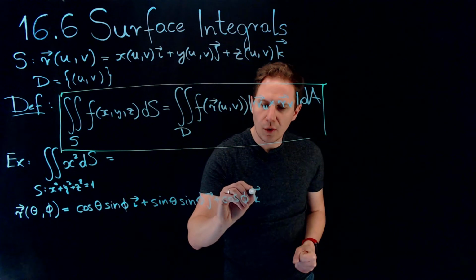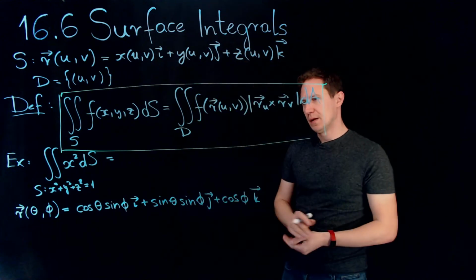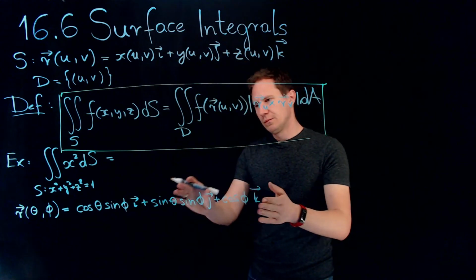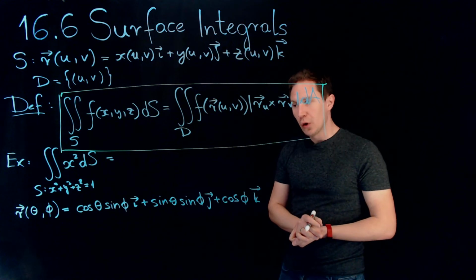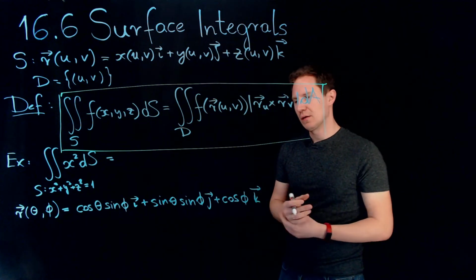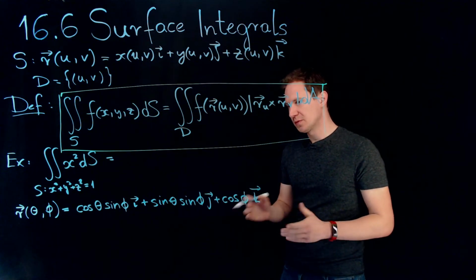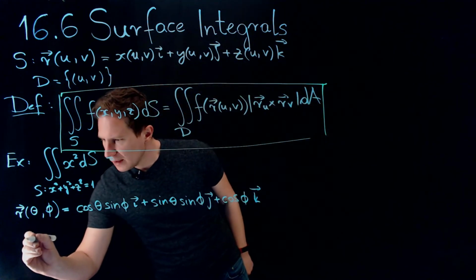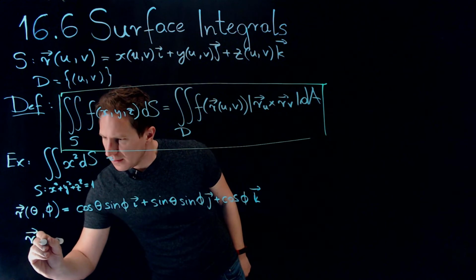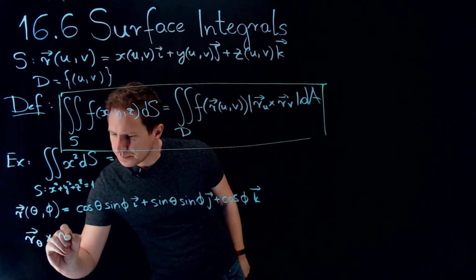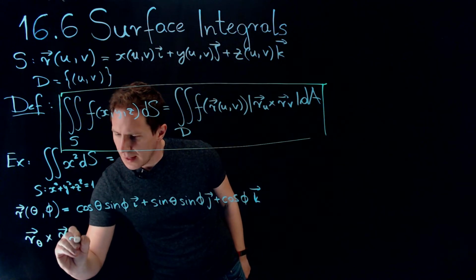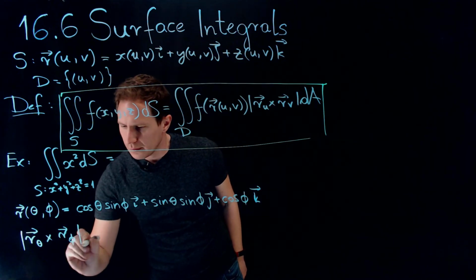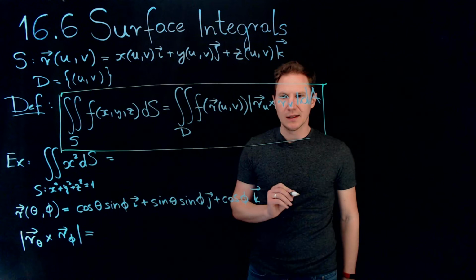You might recall from computing the Jacobian of the transformation from spherical coordinates to Cartesian coordinates that we have seen what these derivative vectors are, and also what the length of their cross product is.